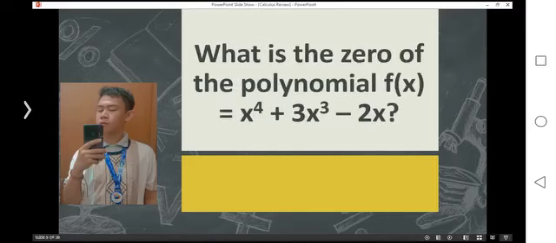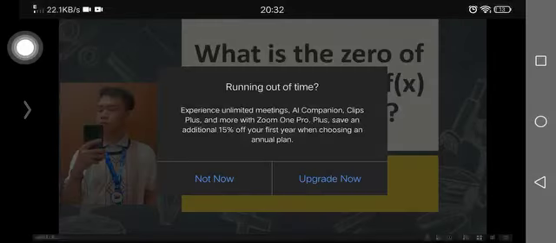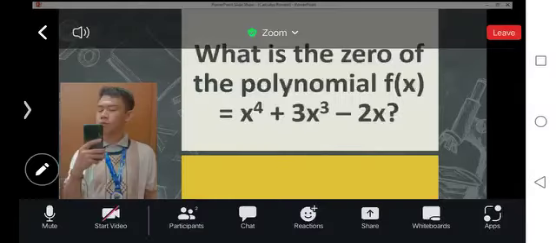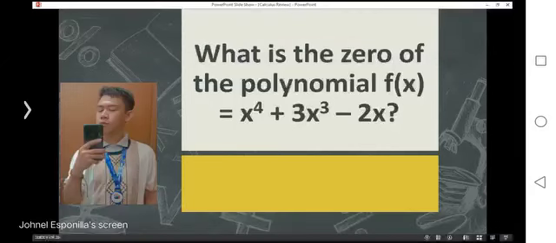Next, what is the zero of the polynomial f of x is equal to x to the fourth plus 3x cubed minus 2x? So we will apply the rational root theorem to find the possible roots for this. So p is equivalent to 0 since we have no constant, and q is 1 since the leading term is x to the fourth.